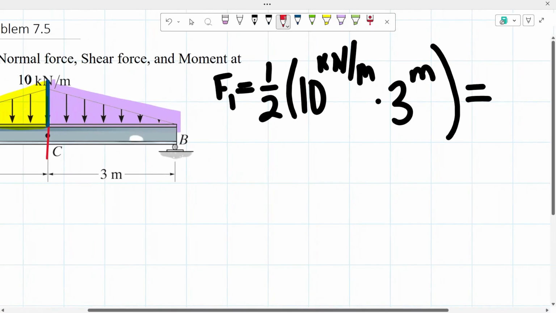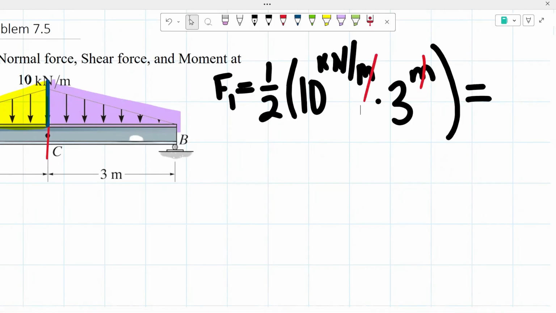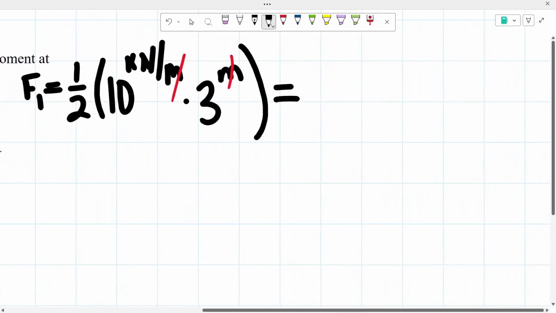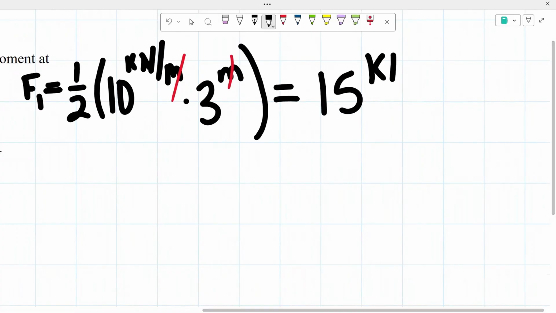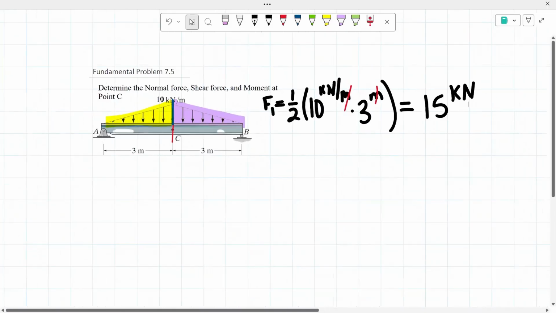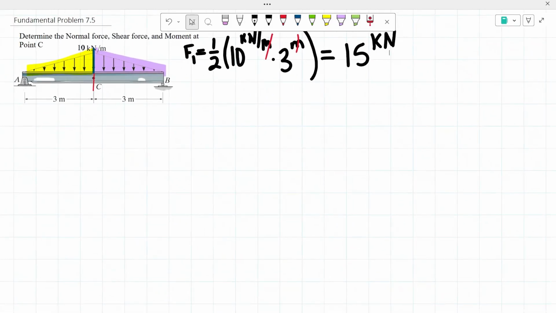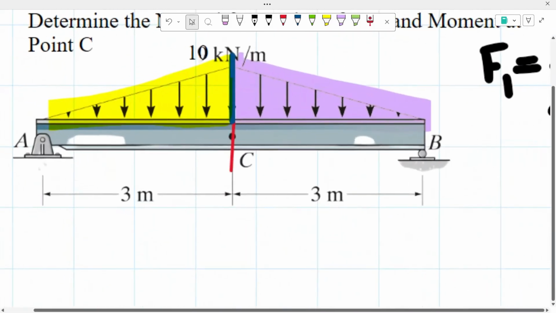Our meters cancel out, giving us just our force, and F1 has a force of 15 kilonewtons.